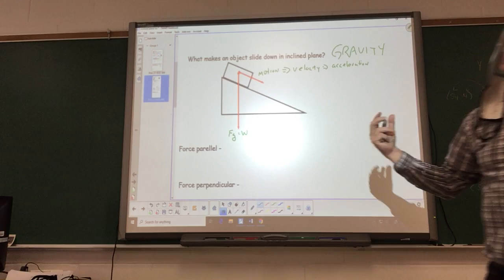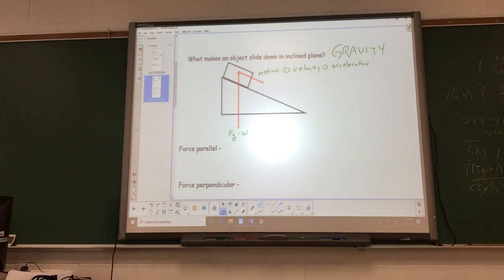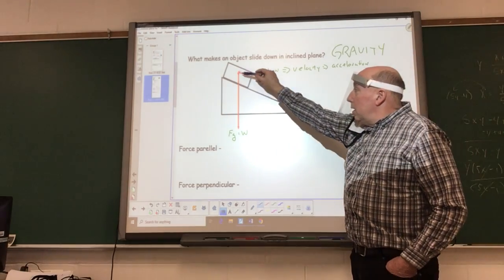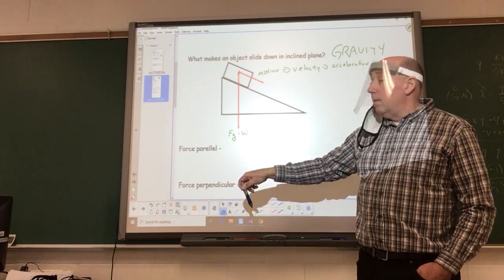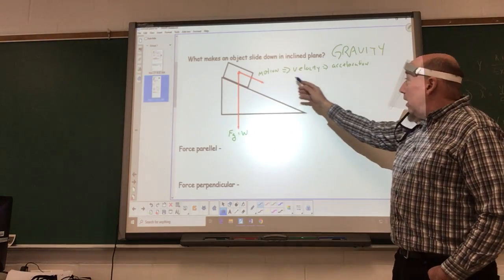It's all moving down the hill. This force acts downwards. It's not in the direction of our motion.